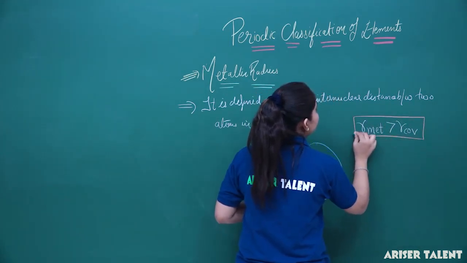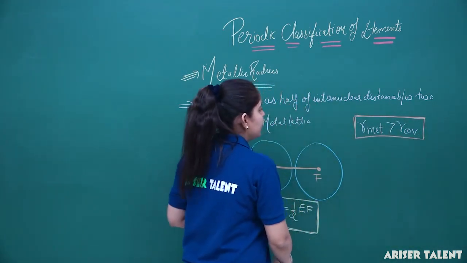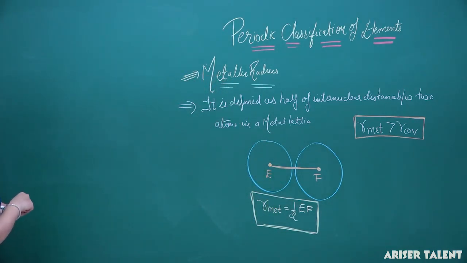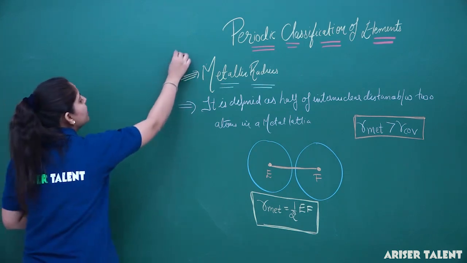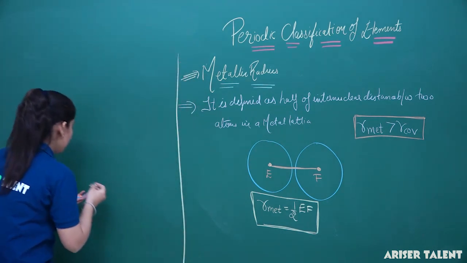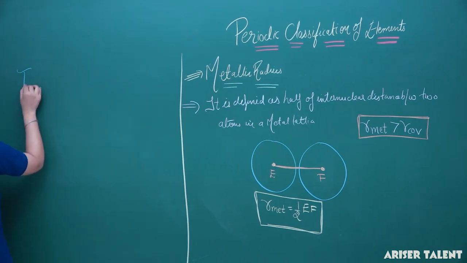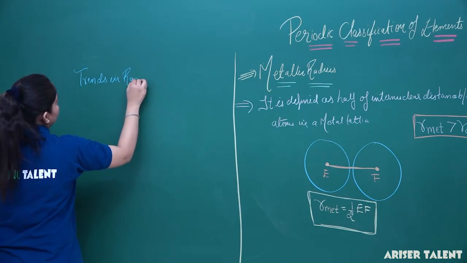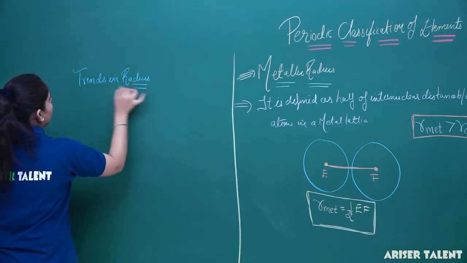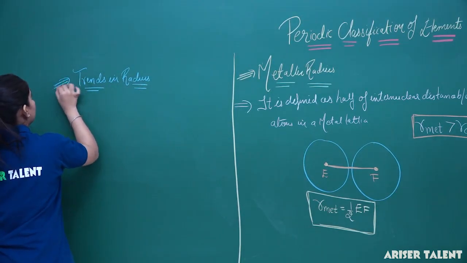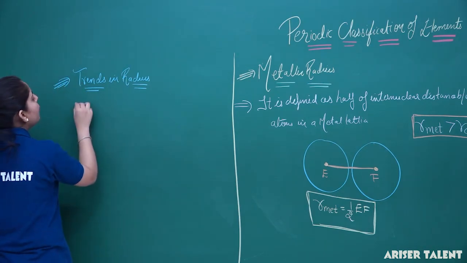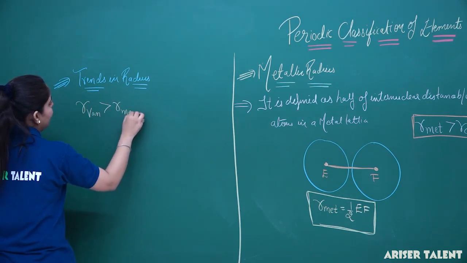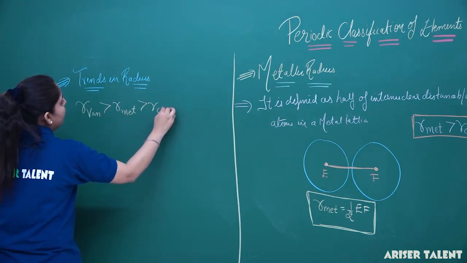Now if we want to know the trend in the case of these three radii, the trend they follow is that R van der Waals is greater than R metallic, which is greater than R covalent.